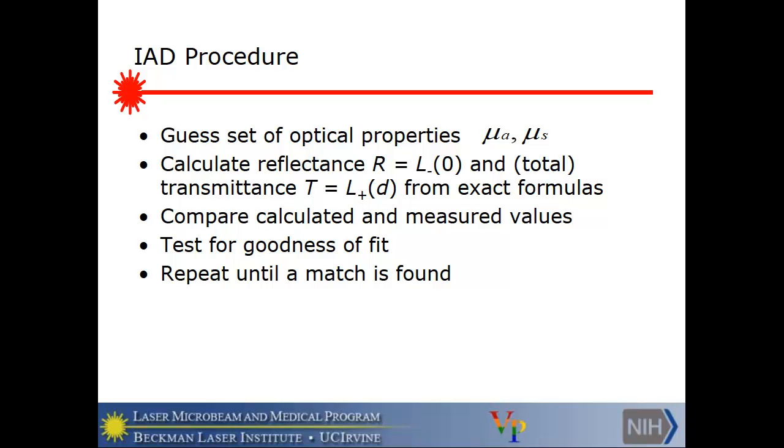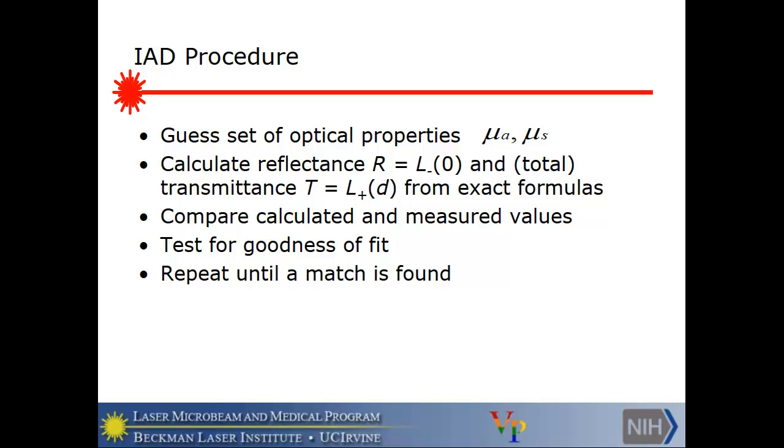You start by guessing a set of parameters, mu A, mu S. You calculate the reflectance based on that guess and the transmittance from your exact formulas. You compare the calculated and measured values. You form a chi-square, and you repeat until you get a match.